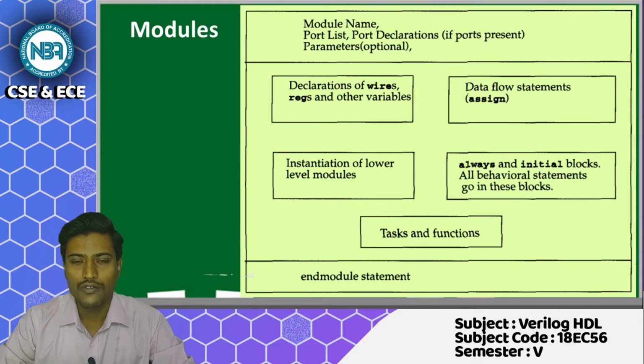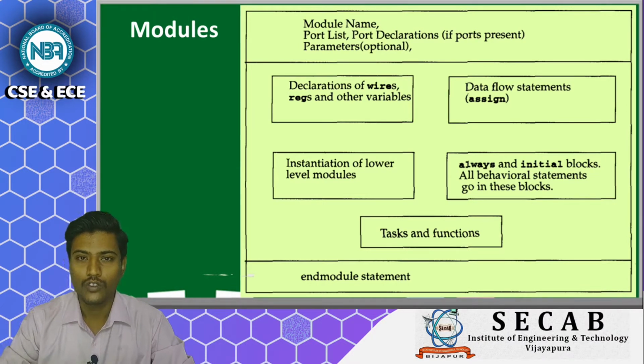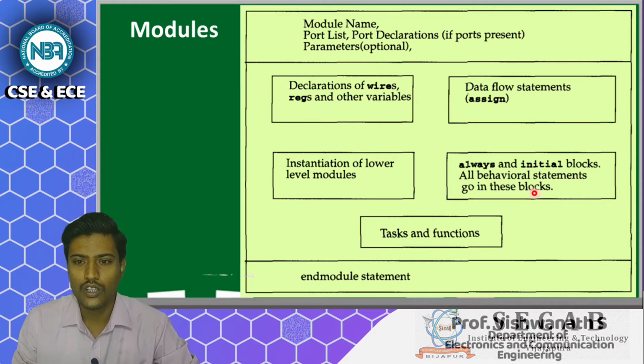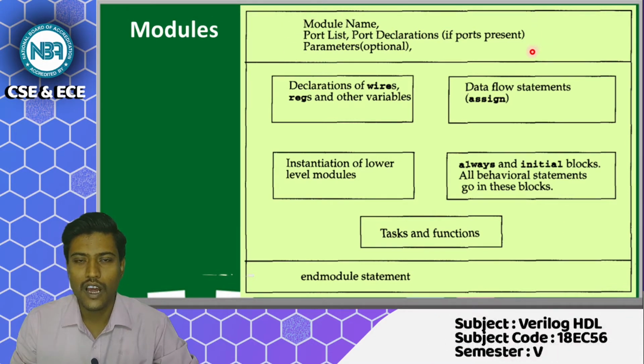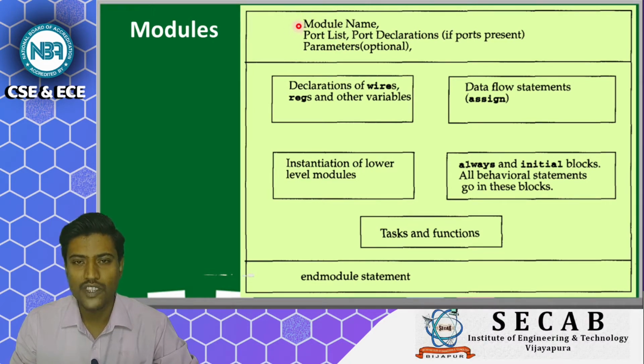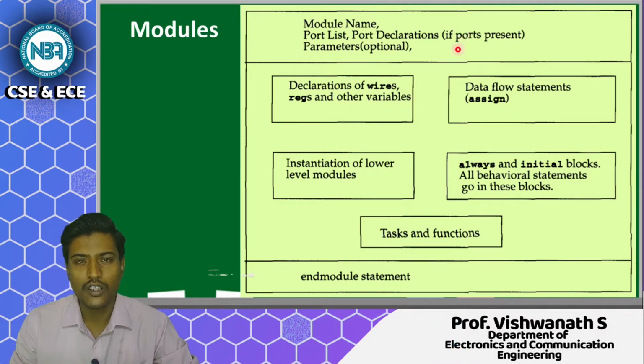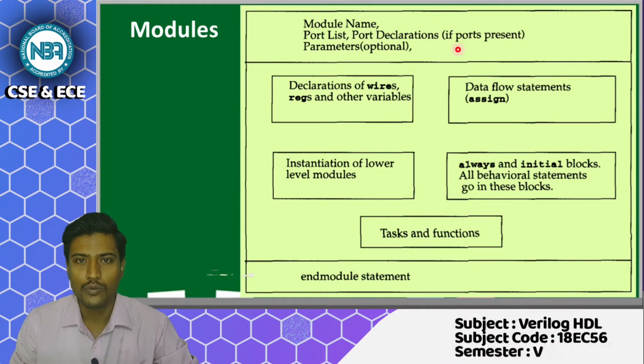So what are the things which are available in a module? As you can see over here, the first part we can have is a module name. We should always start with module and a module name, and then we need to declare our input ports and then output ports.